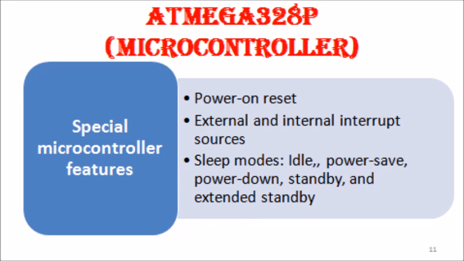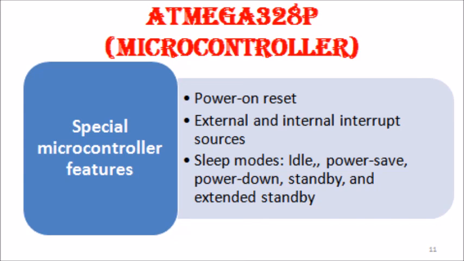Interrupts may be of two types: external interrupt and internal interrupt. External interrupts are the interrupt signals given by the external devices connected at the input pins, whereas internal interrupts are the signals generated by the program itself with a software command. Sleep mode is a very useful feature of a microcontroller in terms of power saving.